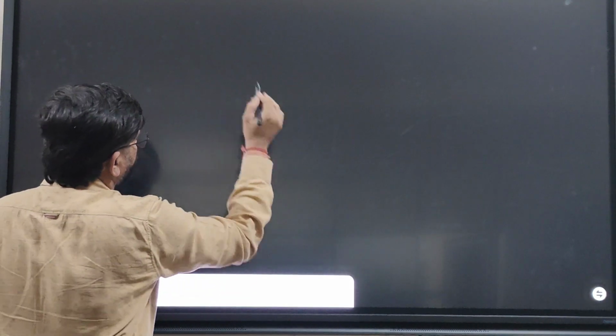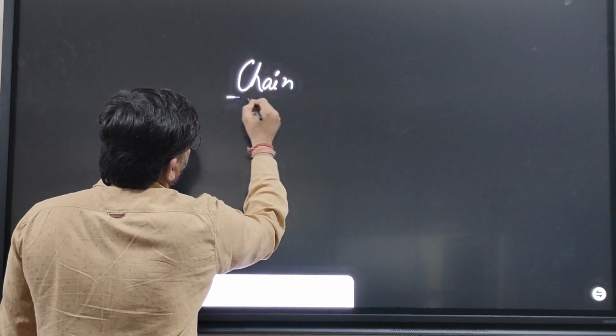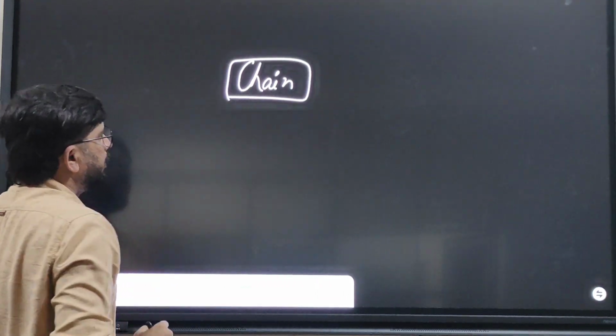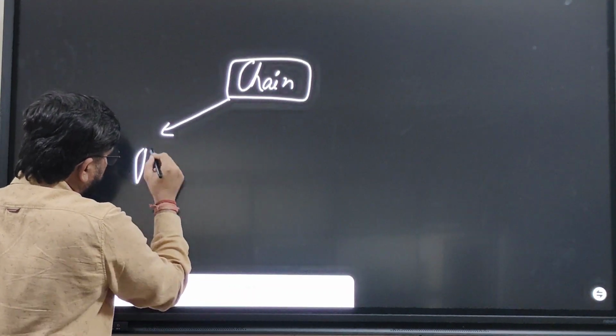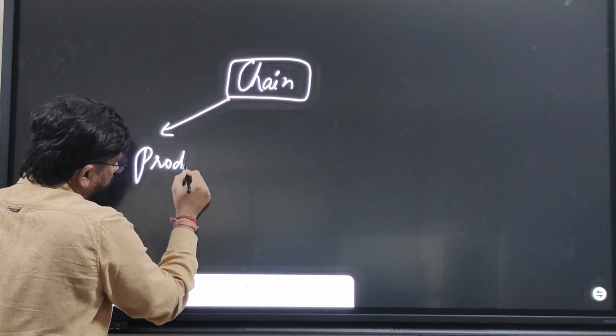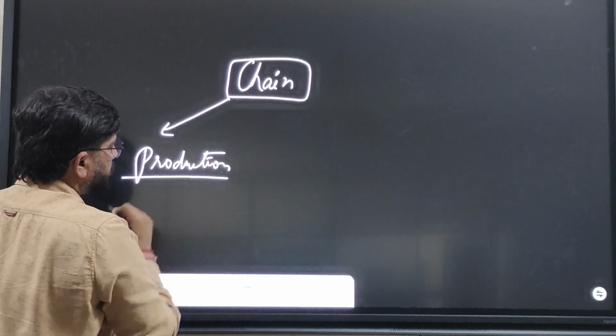So the complete process is in the form of a chain. The contamination process is in the form of a chain. What is this chain? The first is the production process.